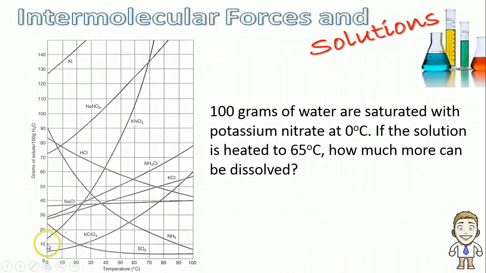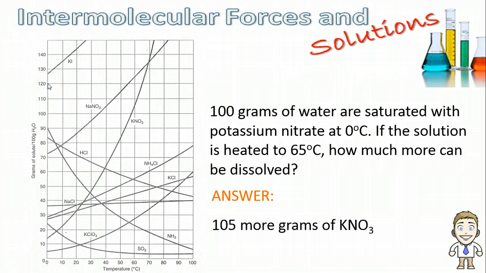If you increase the temperature up now to 65 degrees Celsius, however, and follow that line up, of course, you can dissolve more. You can dissolve about 120 grams of KNO3 there. So if you start with only 15 grams, and then you increase to allow it to hold 120 grams, the difference, which I would guess at about 105 grams, that's how much more KNO3 you can dissolve in that solution.